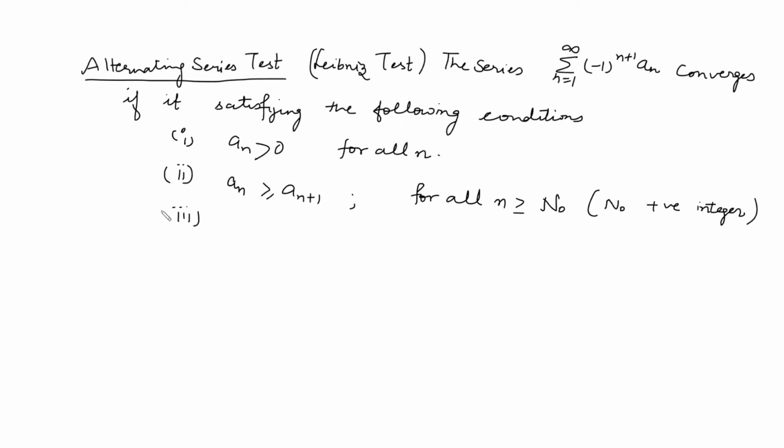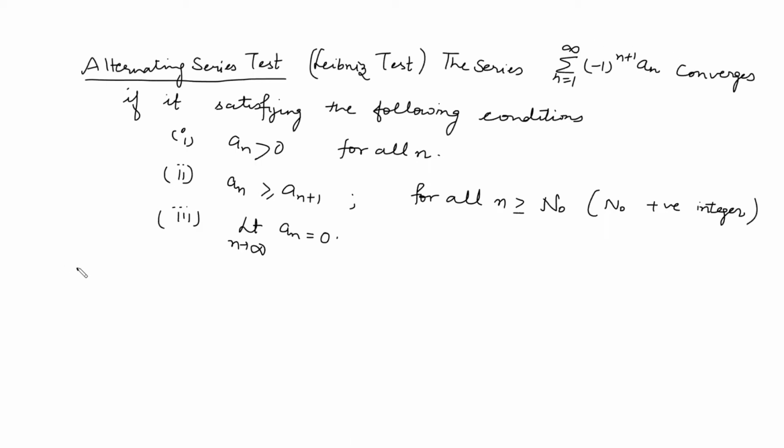And the third condition is that the limit of the nth term is 0. So if an alternating series satisfies these three conditions, then it always converges. If one of the conditions fails, then the series is not convergent.